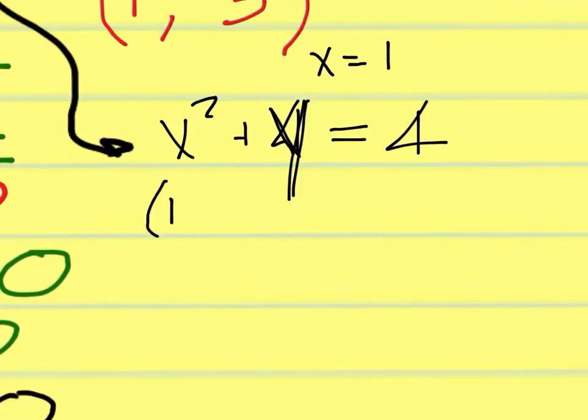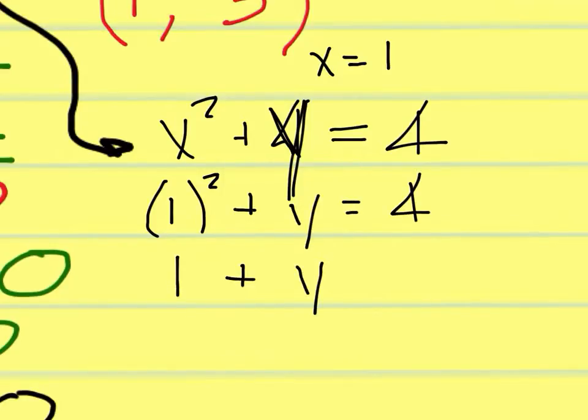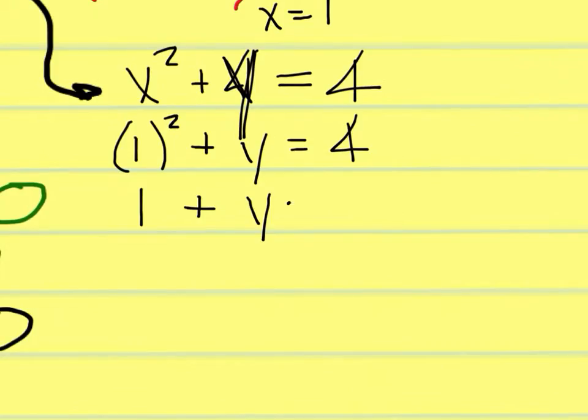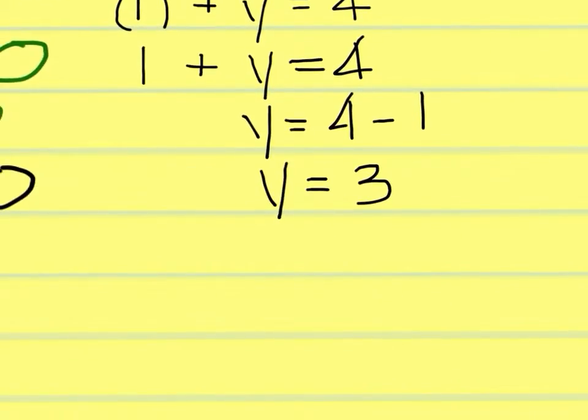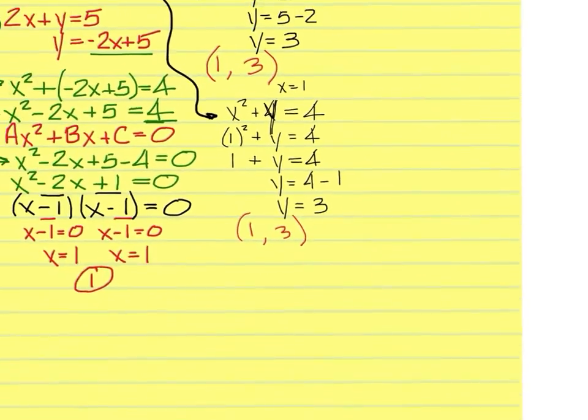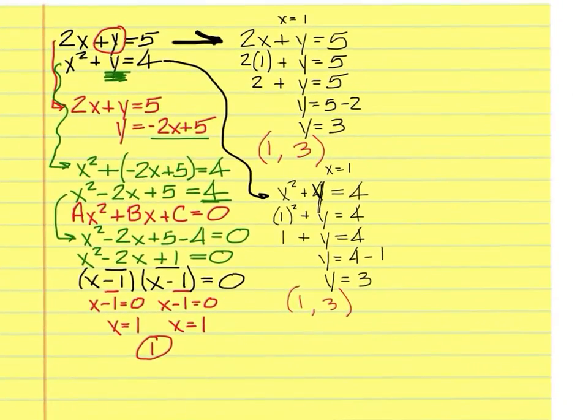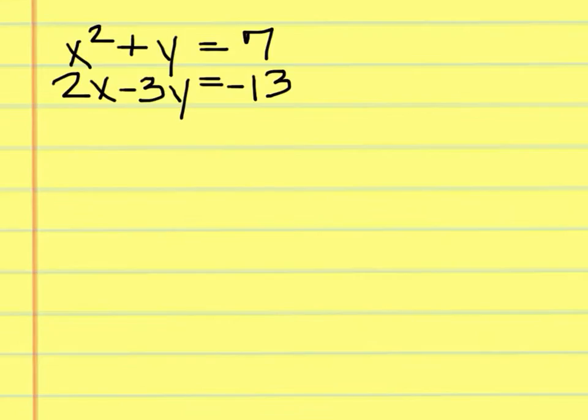So if I put 1 in here, let's see if it gives me back the same answer. 1 squared is 1. And then you're going to have y equals 4 minus 1. That'll give you a 3. So that does come out to be the same as the other one. We put in a 1, we got back a 3. You only have to write that once. And we just double check the other one to make sure we were right. This is the only solution.